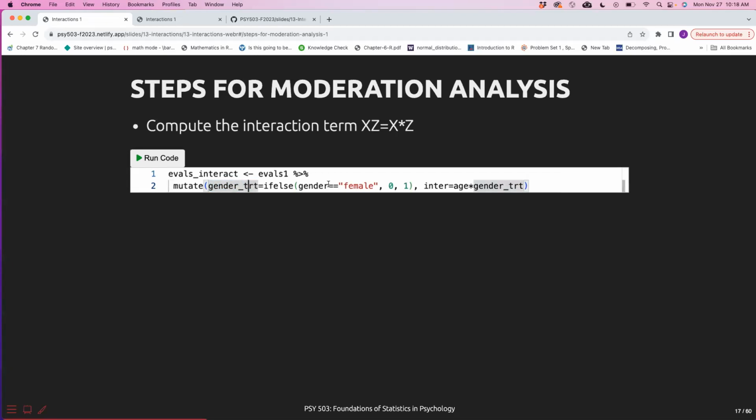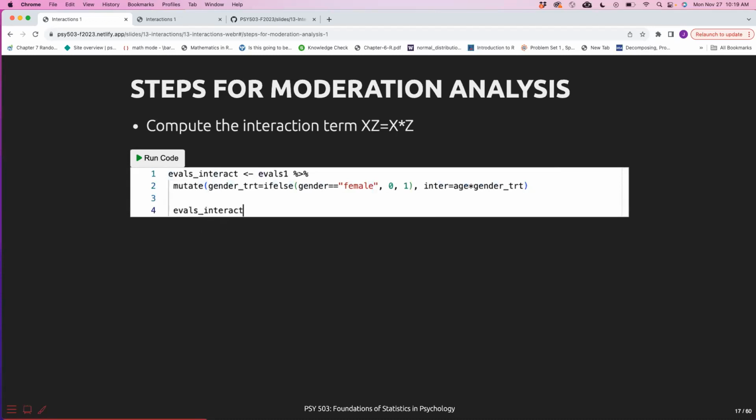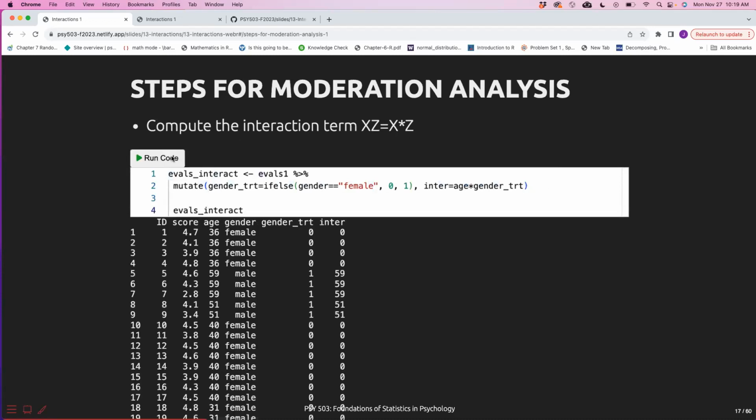The gender variable is just female, male, and we dummy code that, turning female into 0 and males into 1. Then the inter object is the interaction term, taking age and multiplying it by gender. We can see what that looks like here. It's just multiplying those 2 columns together: 0 times 36 is 0, 1 times 59 is 59, and so forth.